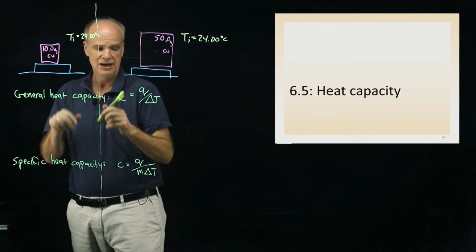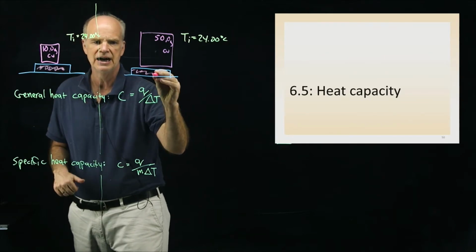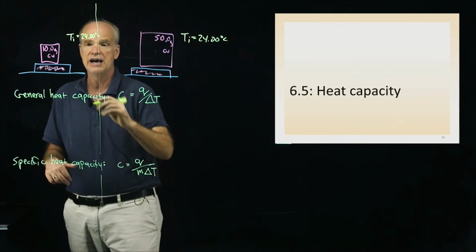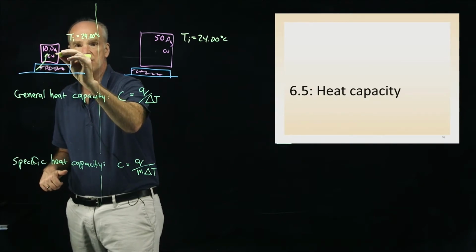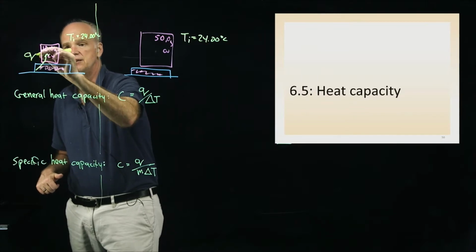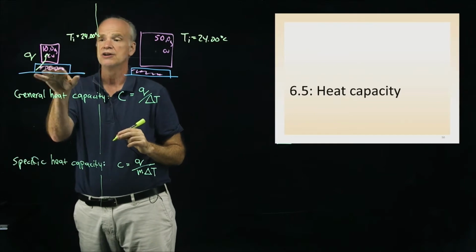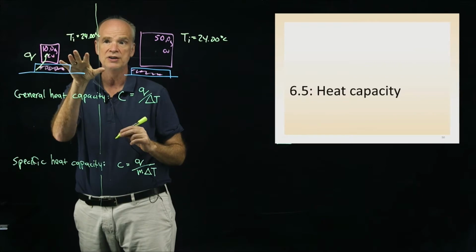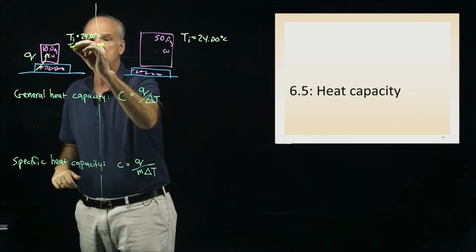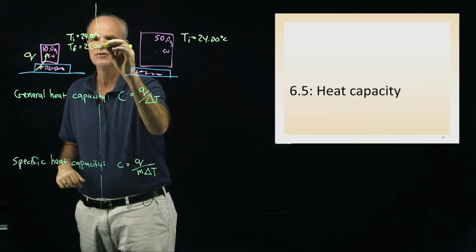So the burner now is warming up and it's getting hot. And you kind of know that what will happen is that heat will leave the burner and go into the copper block. The symbol for heat is Q. Now with the small one here, you add the heat to the copper block, and let's say you stop the experiment when the copper block gets to be 25 degrees Celsius.